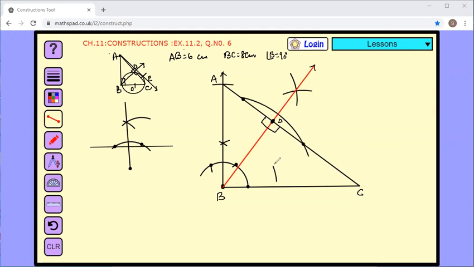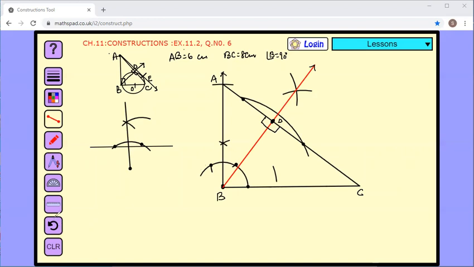Now, if BD is perpendicular to AC and we have to draw a circle that should pass through B, D and C, that means this angle will become the 90-degree angle. So that is definitely an angle in a semicircle.